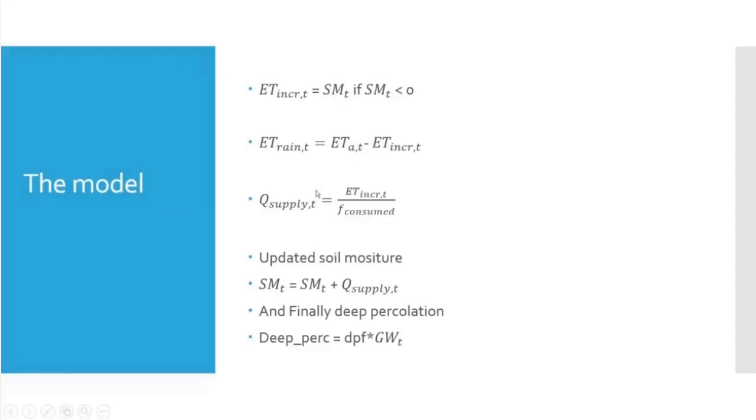So in this model, we have three parameters. One is the parameter to compute the groundwater, so it's using this linear function, the base flow. Another is to drain the groundwater.